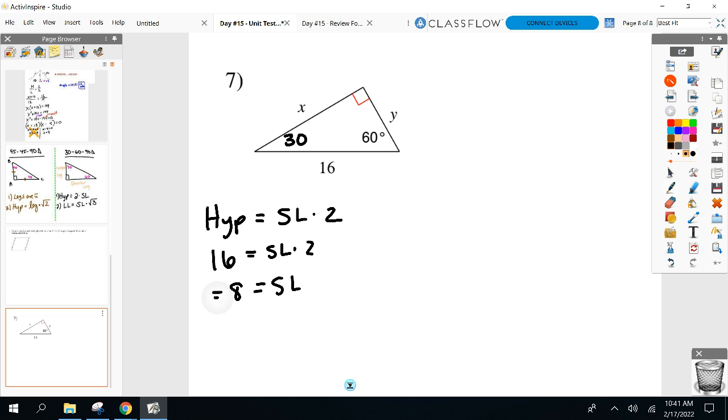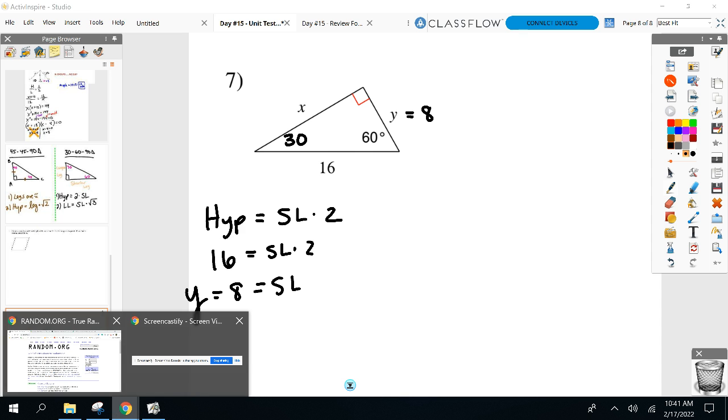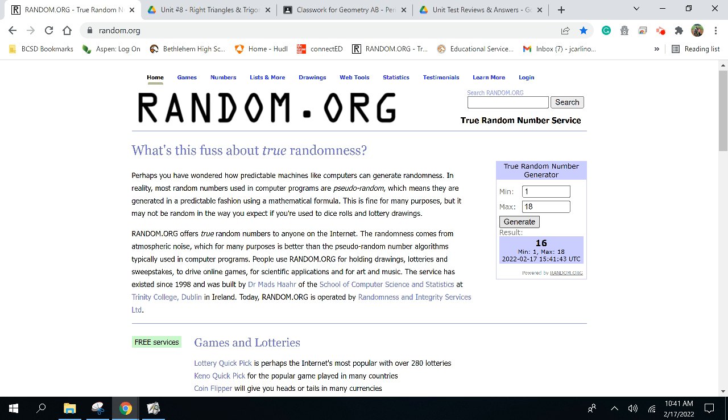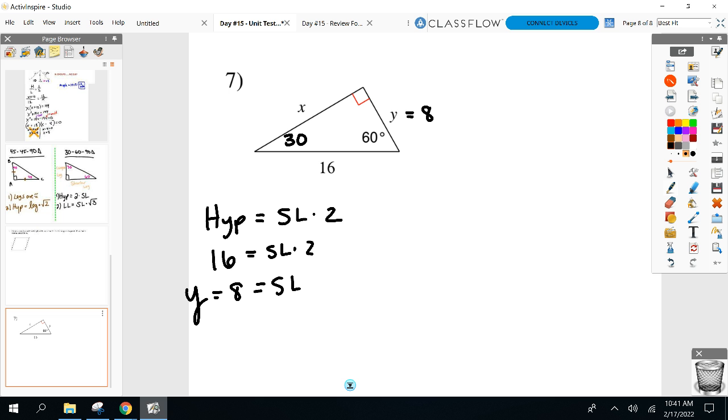So y is equal to 8. And then now help me find x, the longer leg. How do you find the longer leg again? Multiply the shorter leg by radical 3. So what's my longer leg going to be? It's going to be 8 radical 3. Yep, 8 square root of 3.